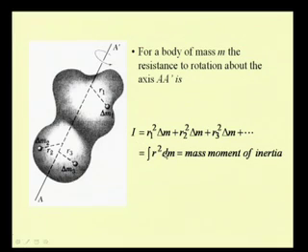So, we have the integral of r square dm, and this is the mass moment of inertia of this body. And the unit, if you will see, is kg meter square, because the unit of the mass is kg and r square is meter square. So, the unit of the second moment of the mass is kg meter square.